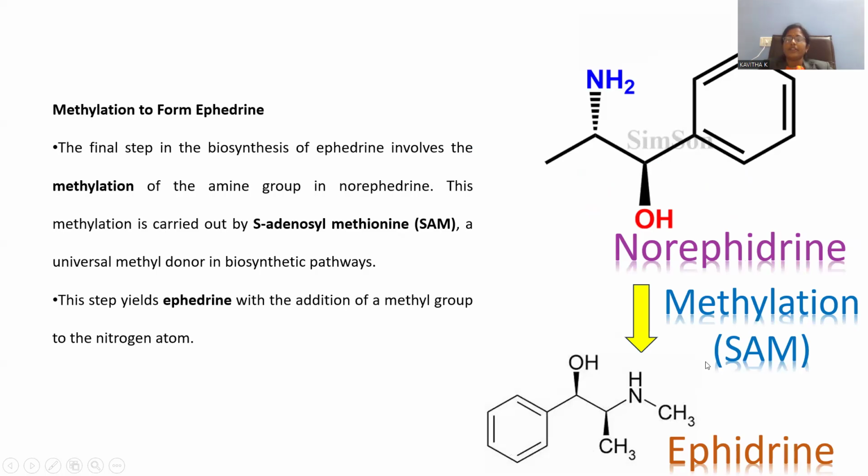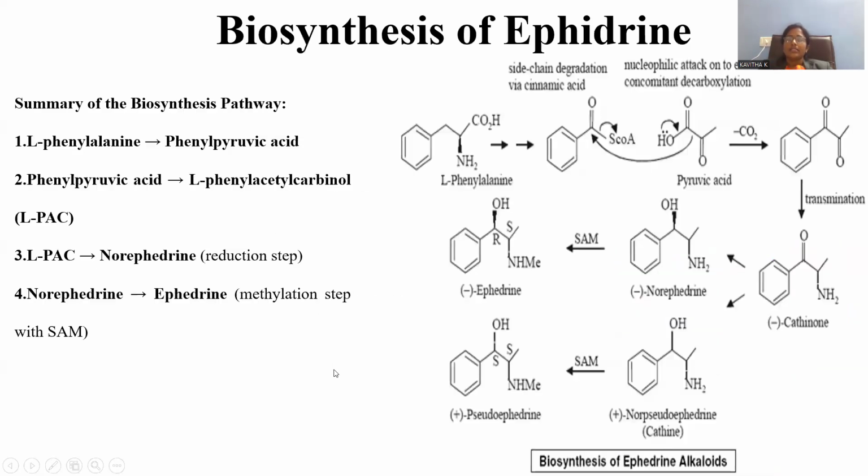Whenever norephedrine is treated with the methylating agent, we get the N-methylated product, that is ephedrine. This is the entire roadmap where all the chemical reactions are provided for the biosynthesis of ephedrine.